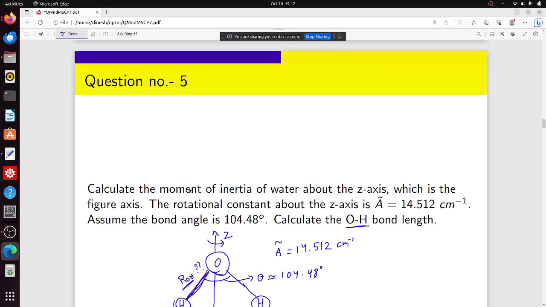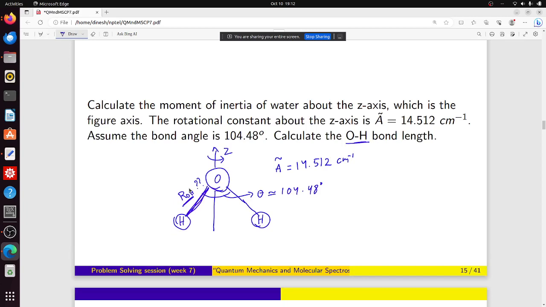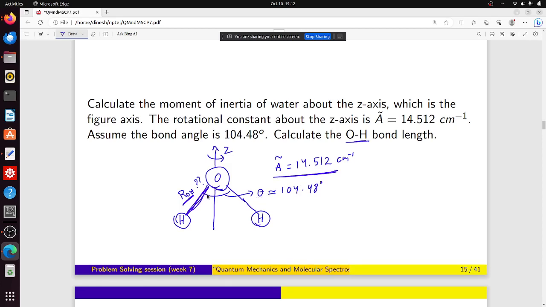We are given a water molecule which is oriented around the z-axis, and the rotational constant around the z-axis is given, and the bond angle between the oxygen and hydrogen is also given, 104.48 degrees. Now we have to calculate the bond length. So any idea how to proceed?